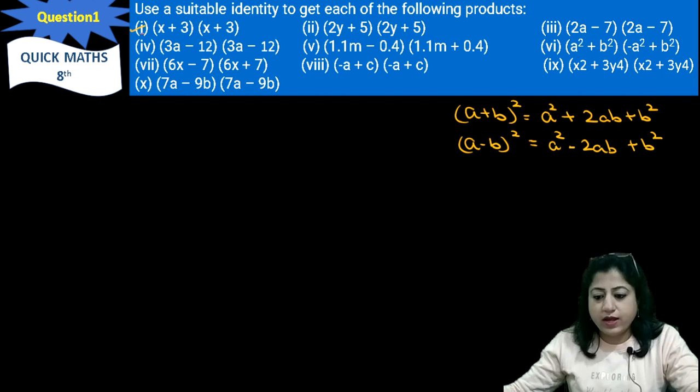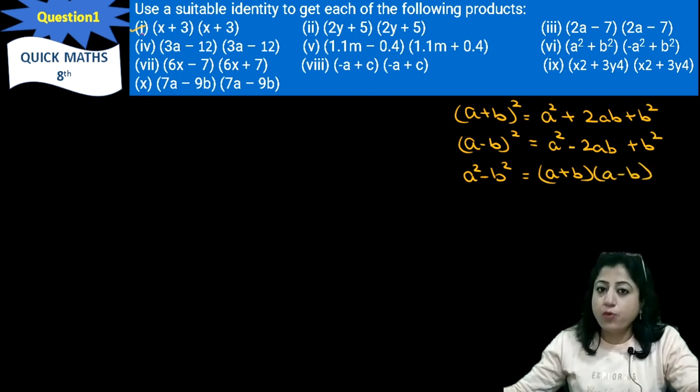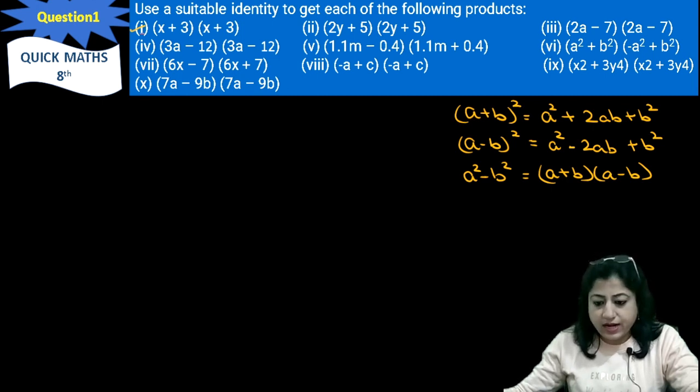So in the formula it will be minus 2ab. Next is a square minus b square will be (a plus b)(a minus b). So if we have opposite signs between the same numbers, plus and minus, it will become a square minus b square.